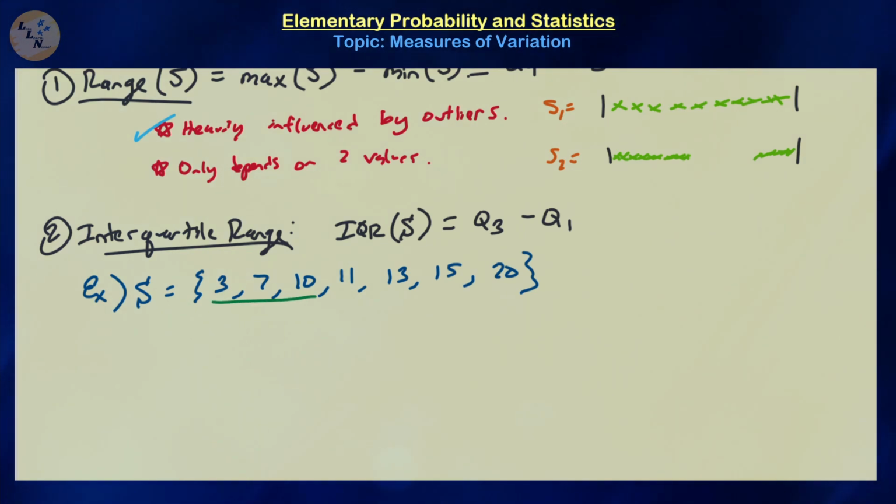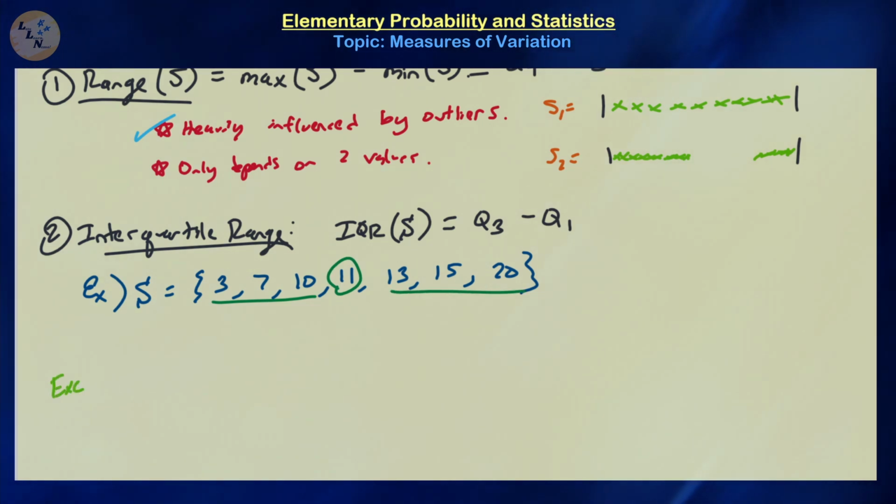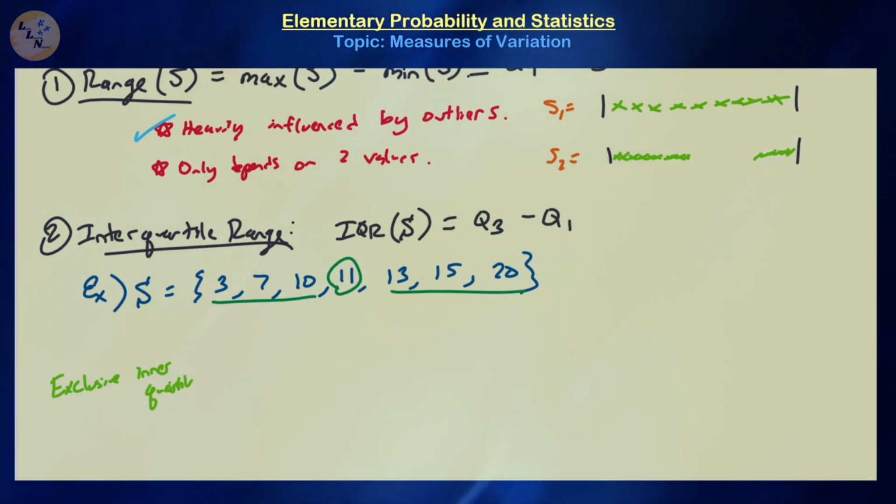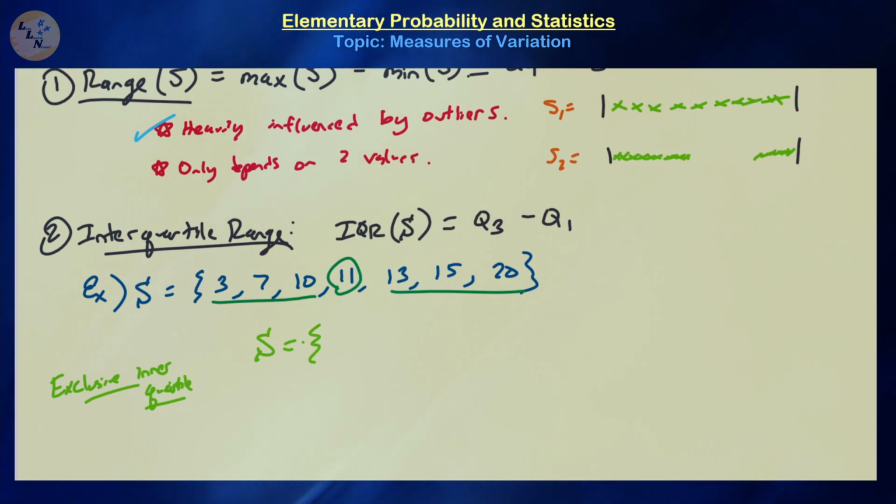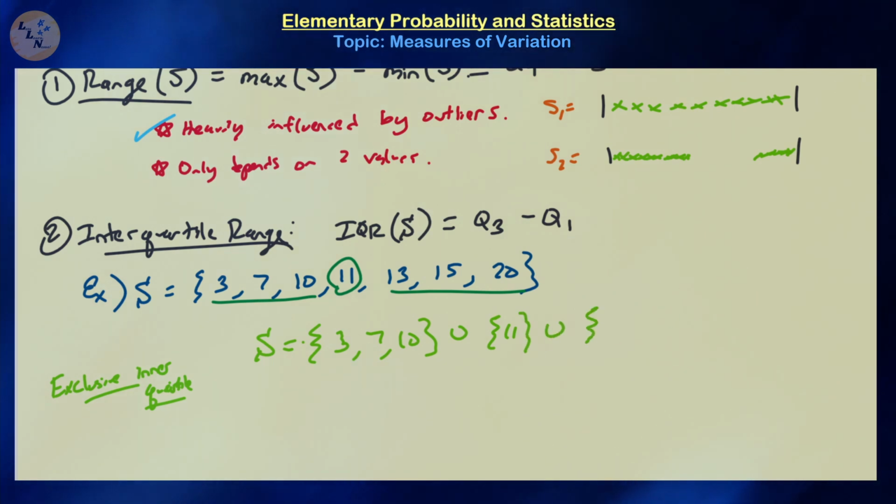So remember, to find the interquartiles, there's a couple variations for this, right? So notice that there's 3 elements to the left of 11 and there's 3 elements to the right of 11. So what I'm going to do is I'm going to use the exclusive interquartile approach. So if I use the exclusive interquartile, I'm going to partition this into 3, 7, and 10, union 11, union 13, 15, and 20.